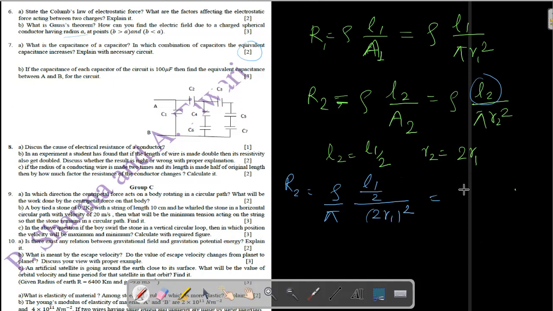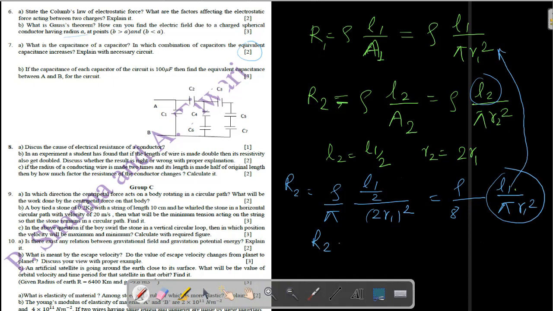Now let's solve this. Here you will get 4 and this will be 2, which multiply to give 8. And L1, pi, R1 square, this is exactly the same expression as the first one, including rho.